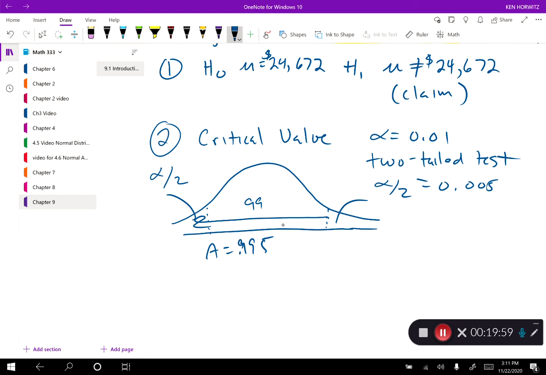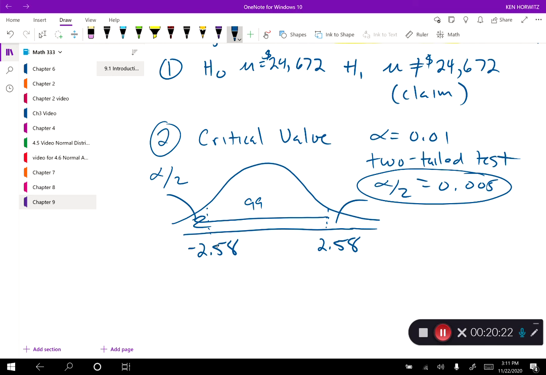So let's look up that area. And I'm going to erase this so I can put both of our values right on our picture. I got values of 2.58, negative 2.58. If you wanted to look up the negative 2.58, you would simply look up that area on your Z chart.